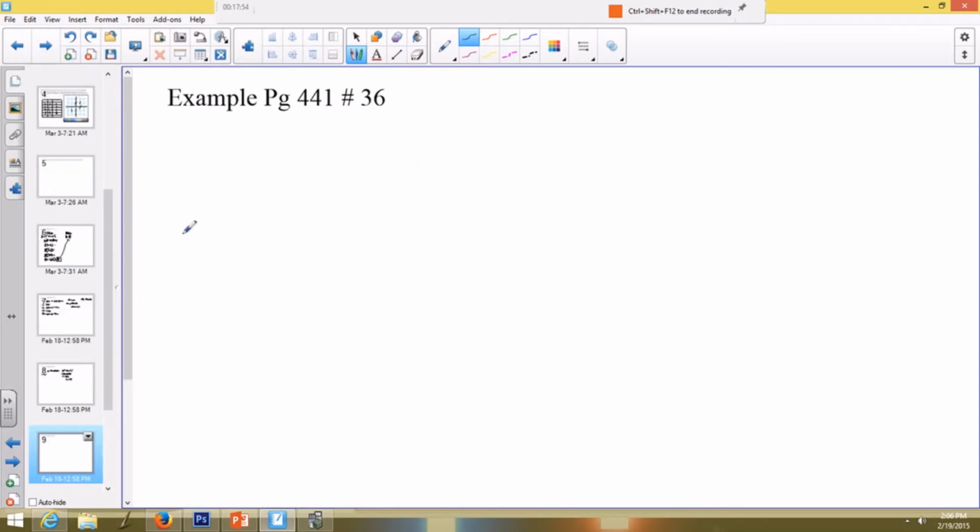All right, moving on. Number 36 on the next page. It says, verify that the general solution satisfies the differential equation, then find the particular solution.